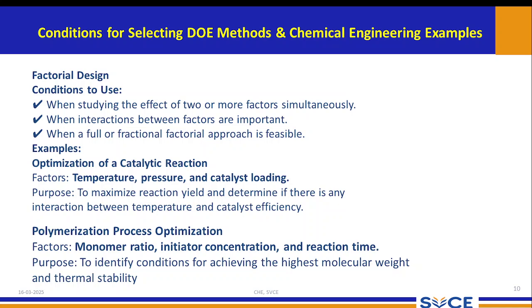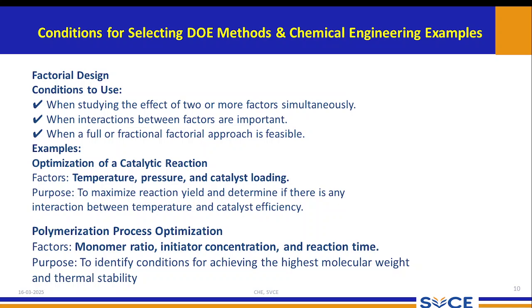Okay, so factorial design: the condition to use it is when studying the effect of two or more factors simultaneously. So if you want to study the effect of variables simultaneously, then you better go for a factorial design.